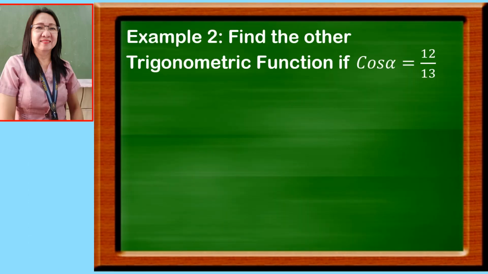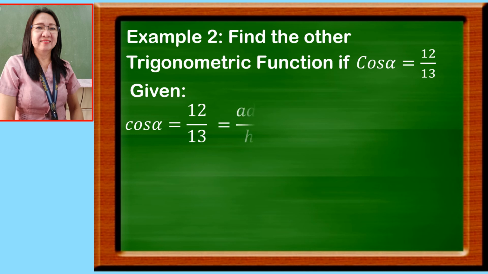Now let us have another example. For example number 2, let us find the other trigonometric functions if cosine alpha is equal to 12 over 13. So our given is cosine alpha, which is equal to 12 over 13, and cosine is described as adjacent side over the hypotenuse.